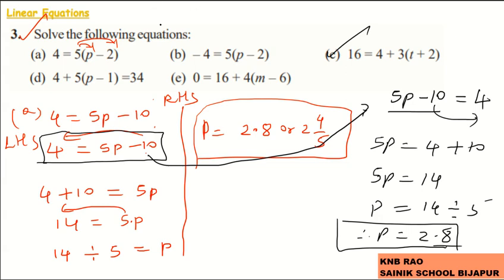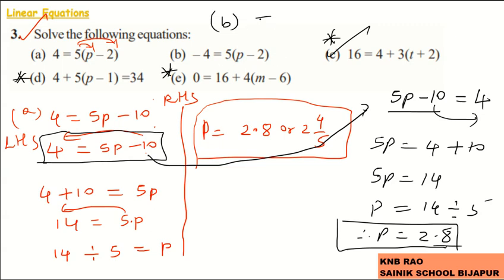Students, here question number C, question number D and question number E are very important. You have to solve them once, twice and rectify your answers. Let me tell you the answers to these B, D and E. For B, the answer is minus 4 and 5 minus 2 is minus 10.